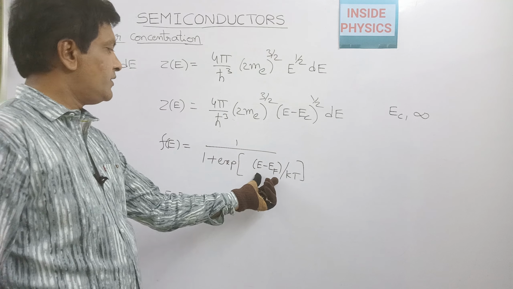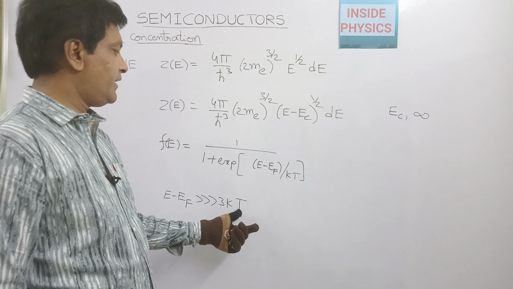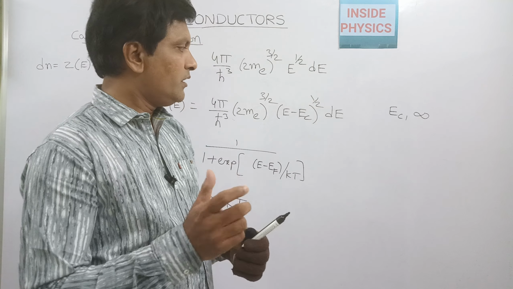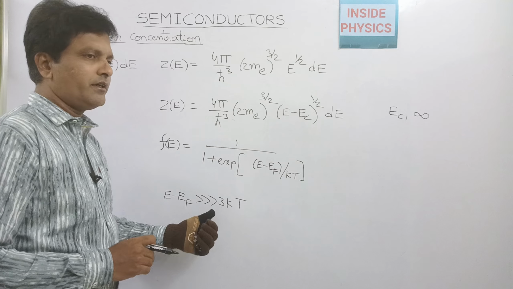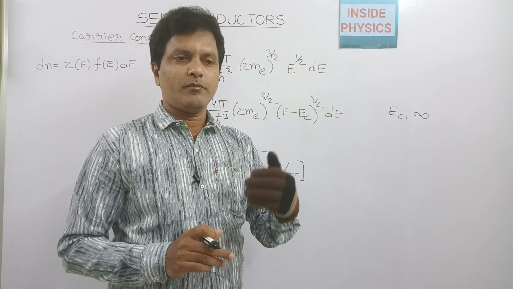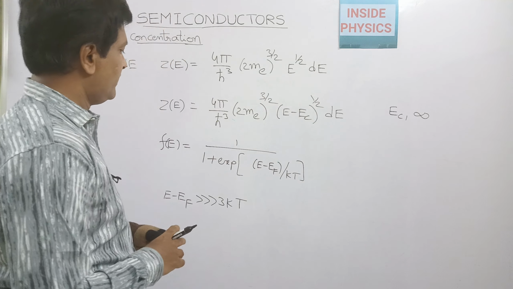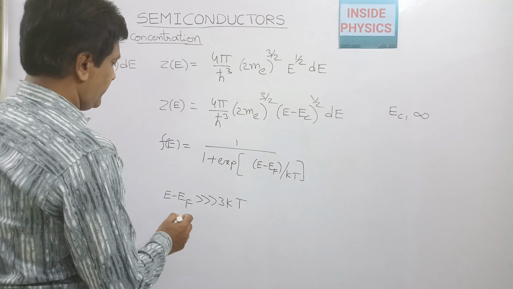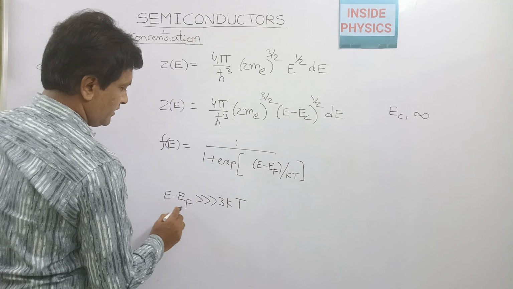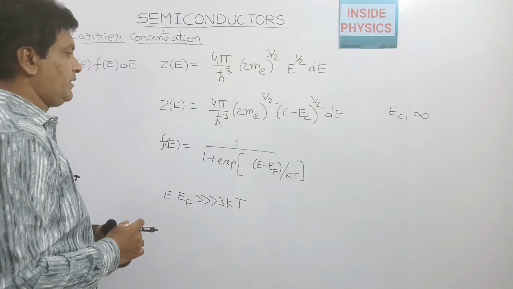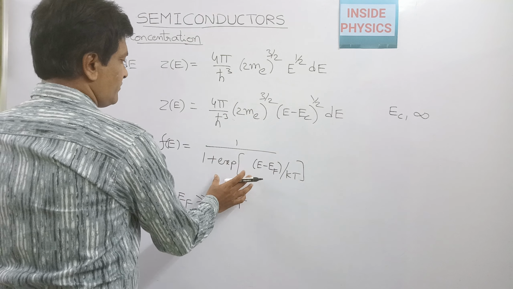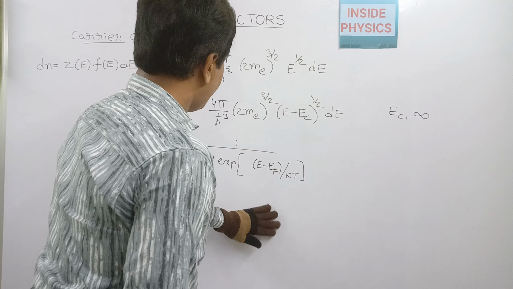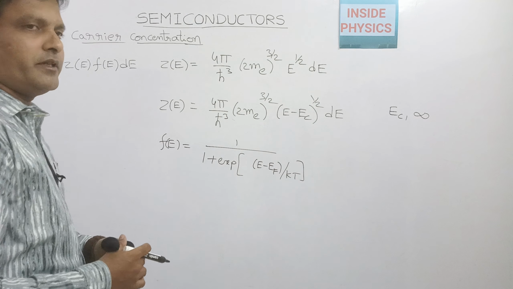E minus EF is far greater than 3 kT when the number of electrons occupied is very less compared to the available energy levels. Then this Fermi-Dirac function can be written as the Boltzmann function.